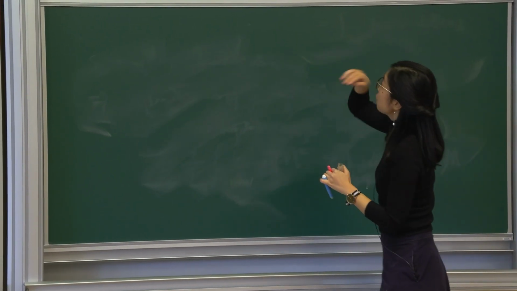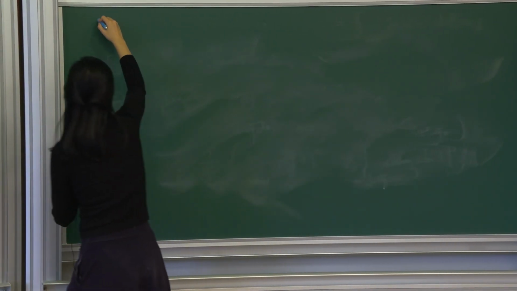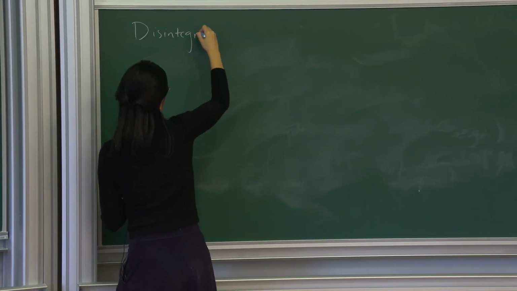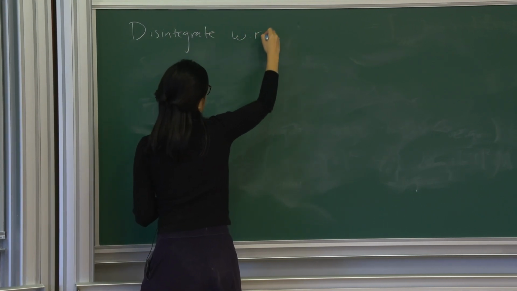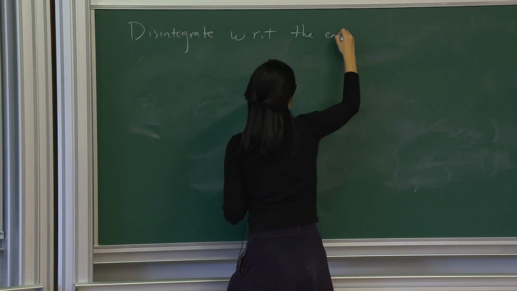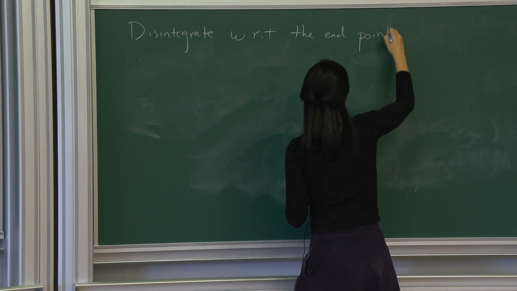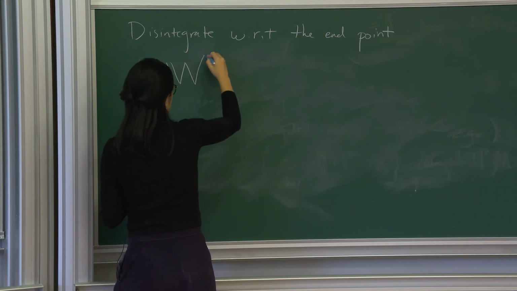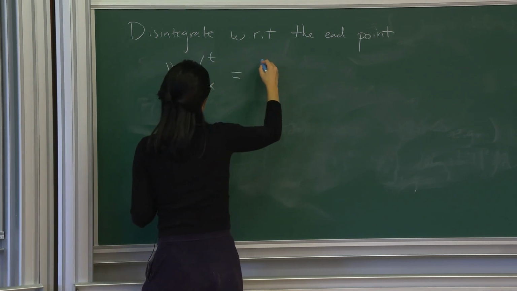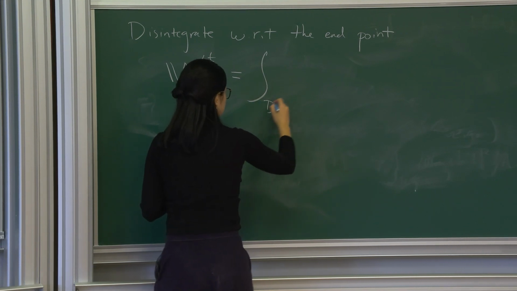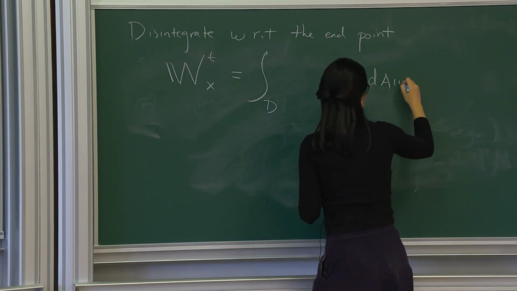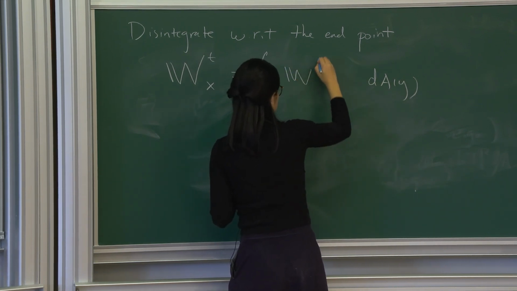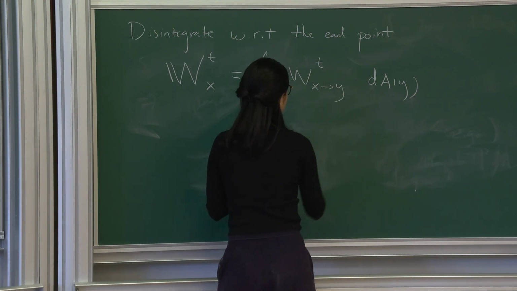And if we have such a family of paths, I can disintegrate with respect to the endpoint, by saying that there exists a family of measures such that this W_t^x is the integral, with respect to the area measure, of the endpoint y of W_t^x.